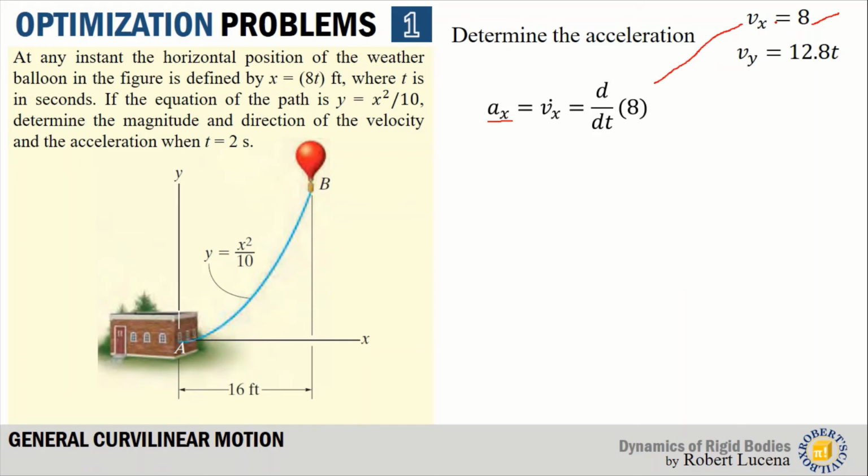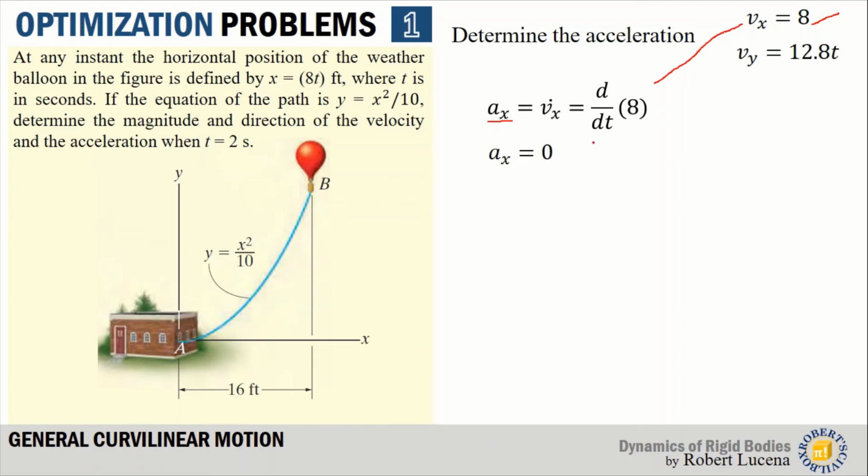Now let's differentiate the velocity equation. So we have the velocity equation equal to 8, then differentiating 8 is 0. Therefore, the acceleration about the x-axis is 0. And we could justify that without calculation since the velocity is constant, therefore there is no acceleration about the x-axis.